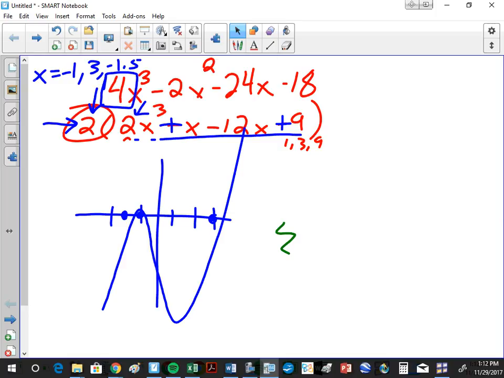So I want you to do 3 through 12 all, and then 15 to 29 odd. But there's one thing that we haven't done. We haven't done increasing and decreasing, and we need to.